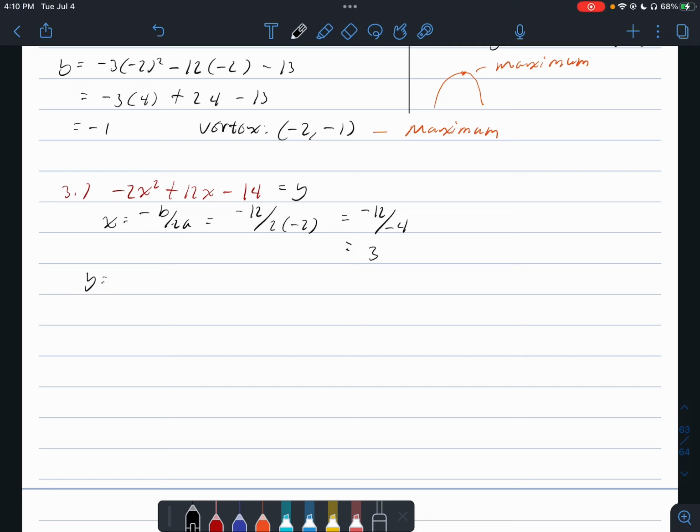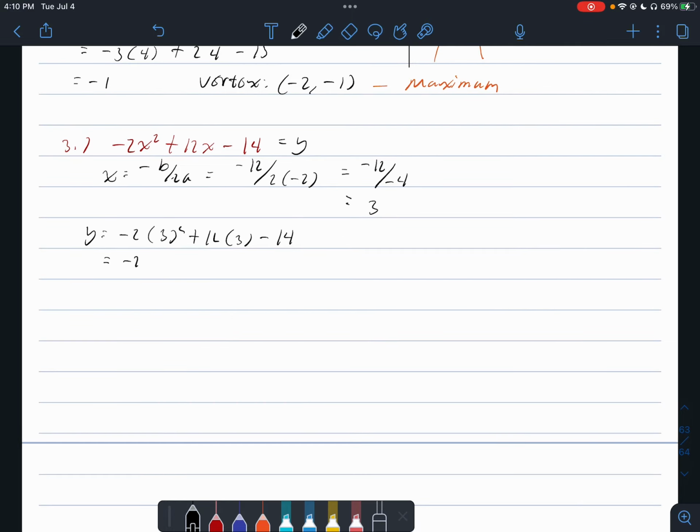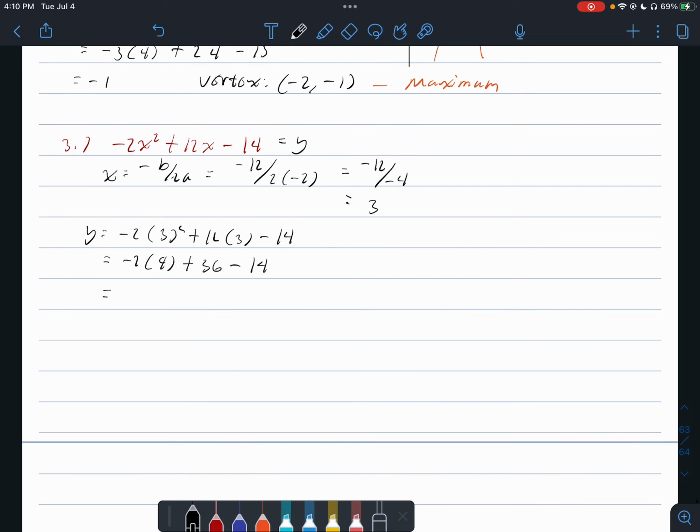So we could plug 3 in for x to find the y component of our vertex. We'll have negative 2 times 3 squared plus 12 times 3 minus 14. Or we have negative 2 times 9 plus 36 minus 14. Or we get negative 18 plus 36 minus 14, and that will give us 4.